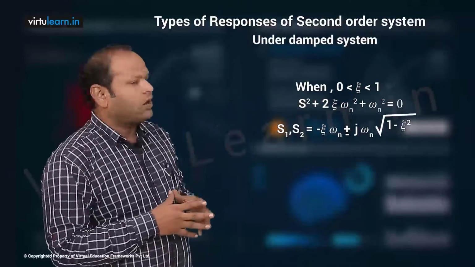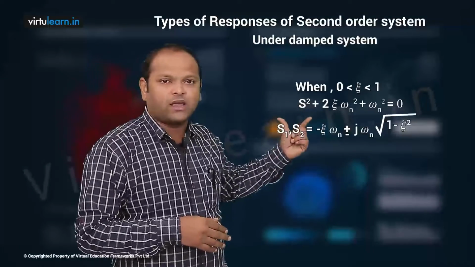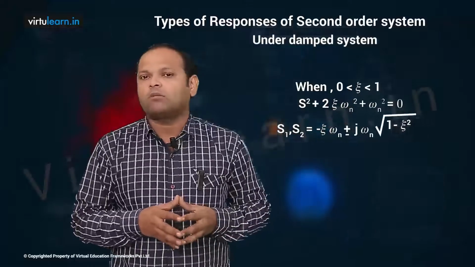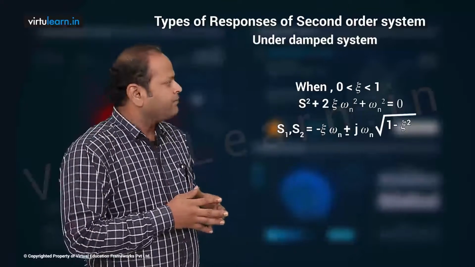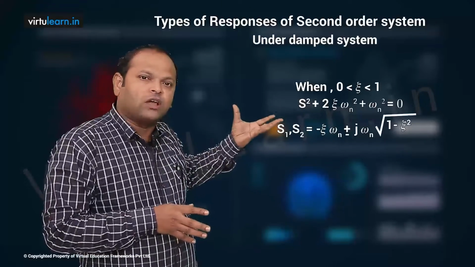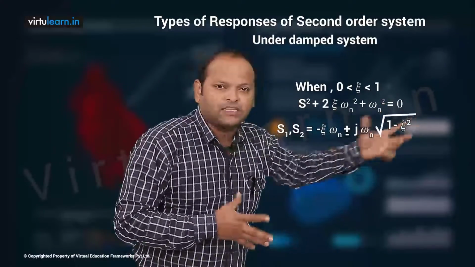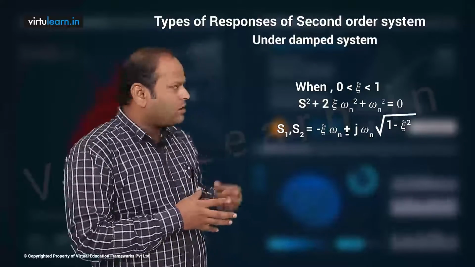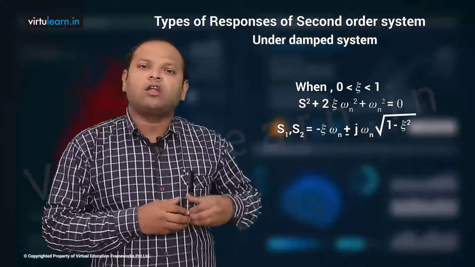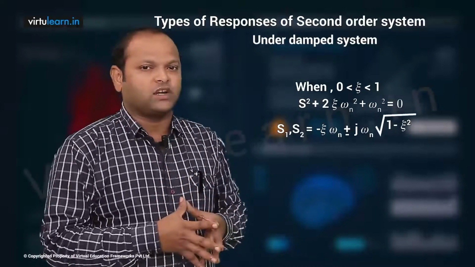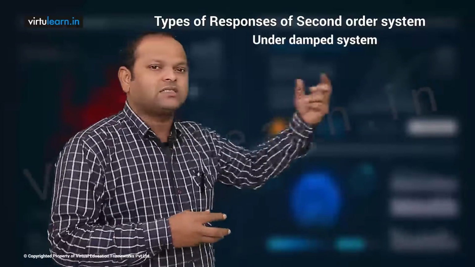S1, S2 are minus zeta omega n plus or minus j omega n into the square root of 1 minus zeta square. If you look at S1 and S2, both have a real part and an imaginary part. Whenever you have a real part and an imaginary part, these pole locations are called complex conjugates. So S1, S2 are complex conjugates, with real as well as imaginary parts.